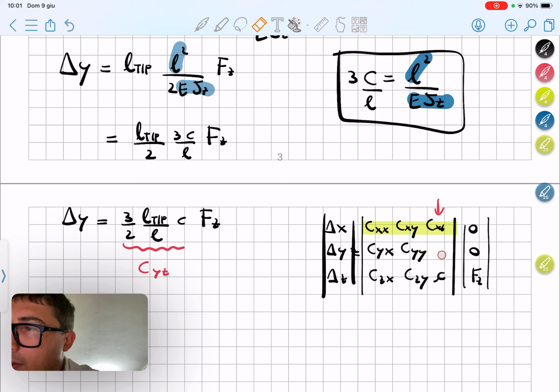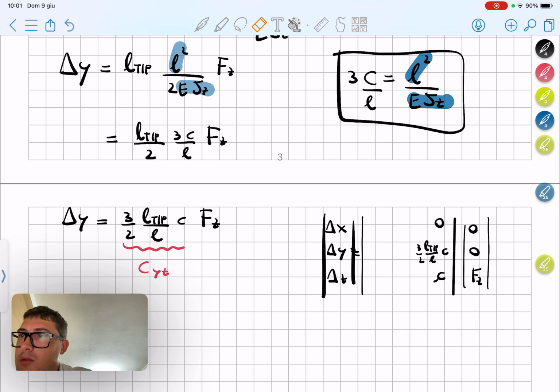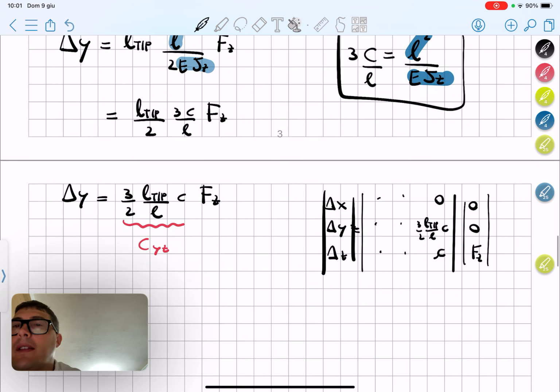We have this other, no, not yet. Well, actually, these ones are 0. This one is 0. And we get this one, which is L tip divided by L, 3 over 2 C. Okay? And we still need the other components.